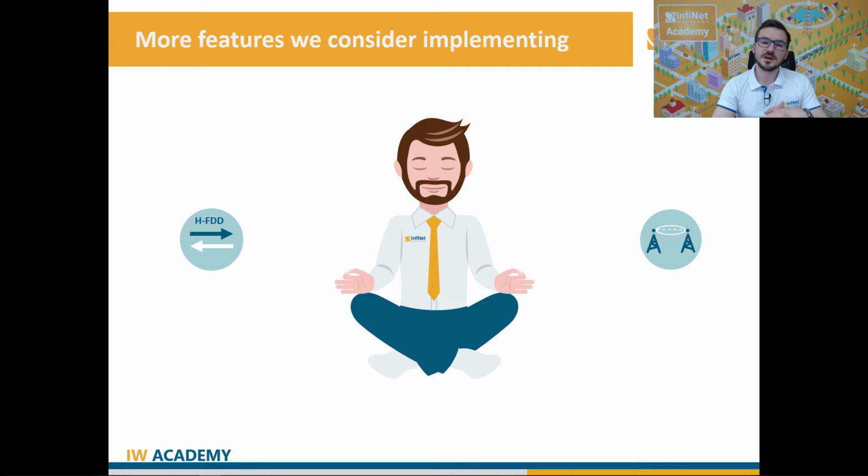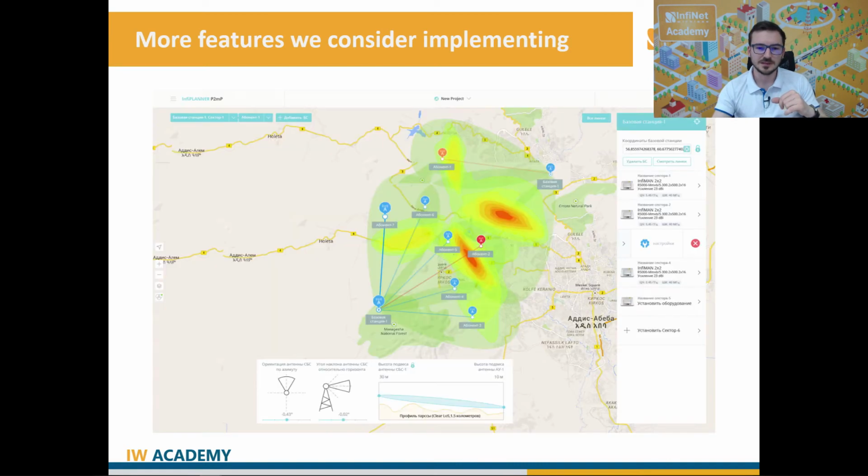And the next feature we are considering is the sector overlap in point-to-multipoint. And in the next slide you will see exactly what I mean. So we will give you some indication of the main lobe of the antenna for each sector, and in the areas where the sectors will overlap you will get a different color.